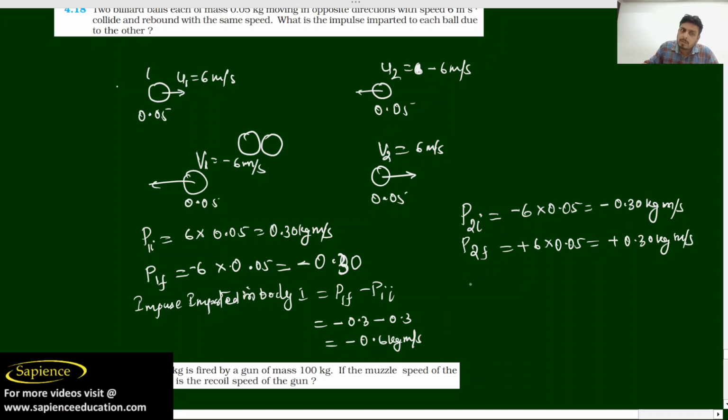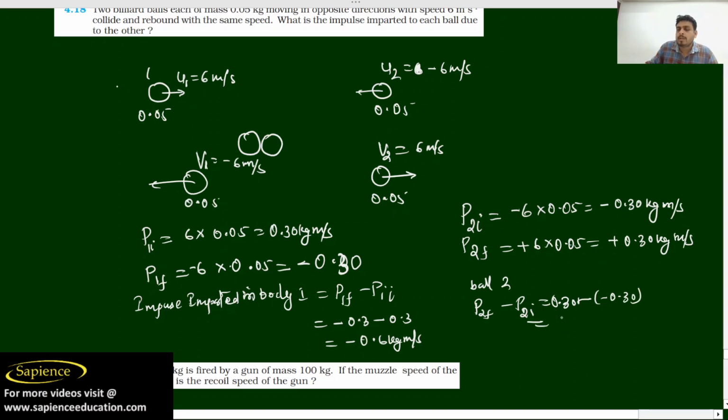And for ball 2, the change in momentum is equal to P2F minus P2I, which is 0.30 minus minus 0.30.